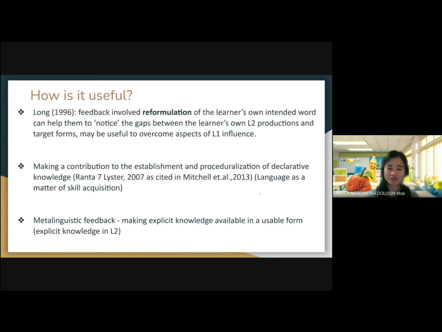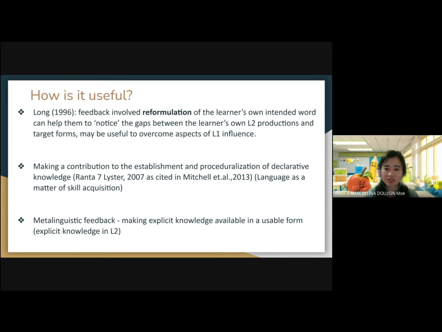Okay, so this negative evidence is involved in the reformulation of the learner's own intended words, which can help them to notice the gaps between the learner's own L2 productions and target forms. And it may be useful to overcome aspects of first language influence.